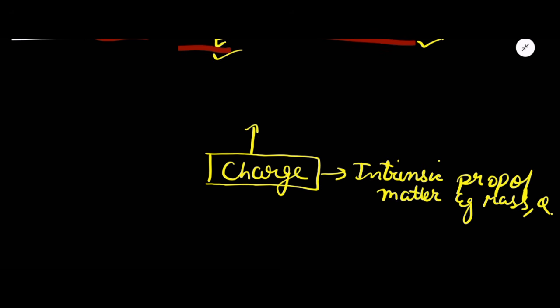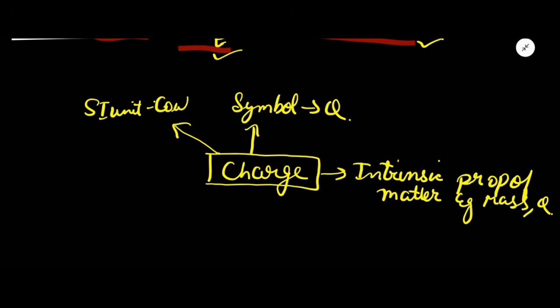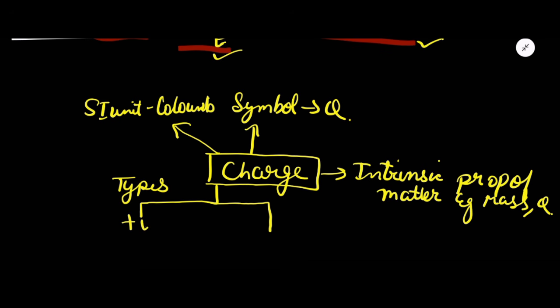Its symbol is Q, and its SI unit is Coulomb. And the types of charges are positive charge and negative charge.